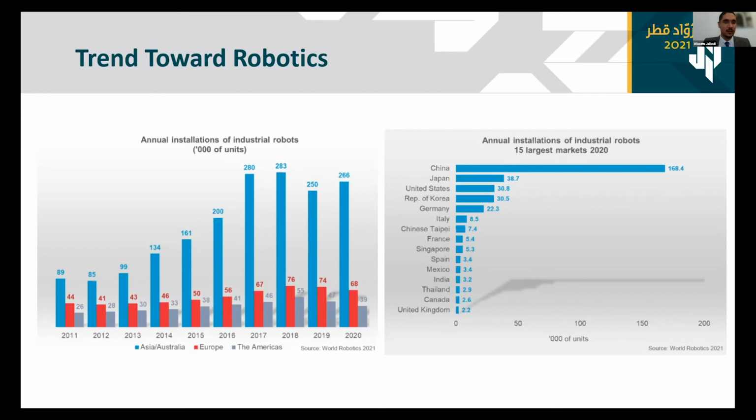Then we have Europe, then Asia and Australia are the places that use robotics in their industry the most. In the graph on the right, you can easily see the top 5 countries: China, Japan, United States, Korea, and Germany as leading countries in robotics installation.